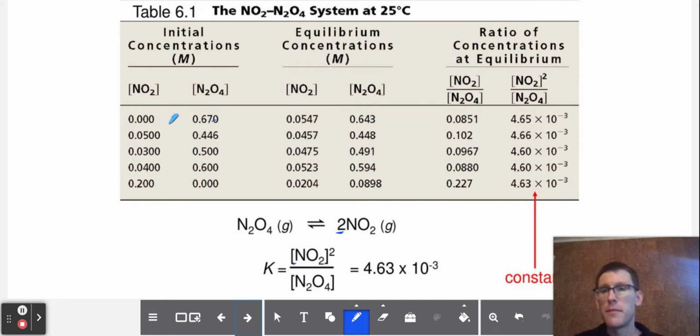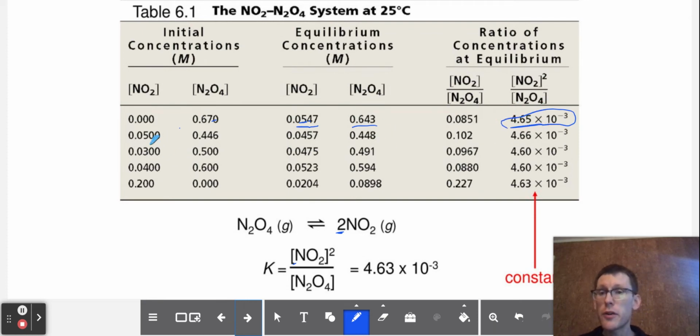And that system will reach equilibrium when the concentration of NO2 is 0.0547 molar, and the concentration of N2O4 is 0.643 molar. Now, if you were to take this value here, the 0.0547, and square it, and then divide that by 0.643, you would get the equilibrium constant, which is this.